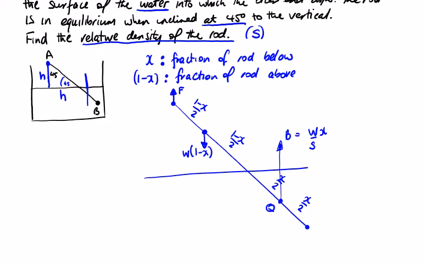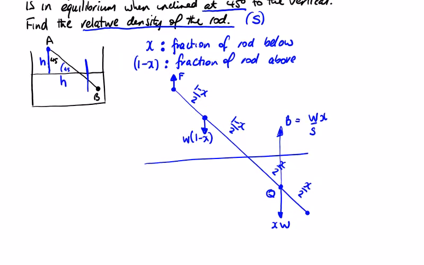Do we have anything else? We have, obviously, buoyancy down here. We have x times the weight, xW. So the two forces going down based on weight are 1 minus x times the weight and x times the weight, which is obviously going to be the weight.